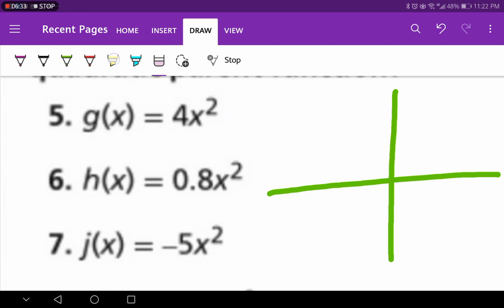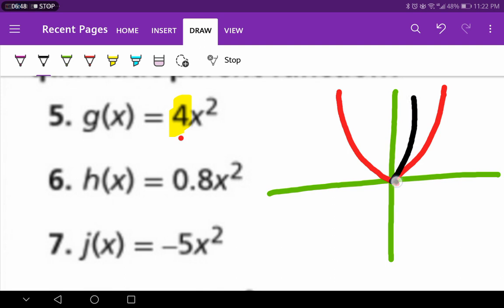Now a equals 4 here, so it means narrower. It will look like this. This is g(x) equals 4x squared.